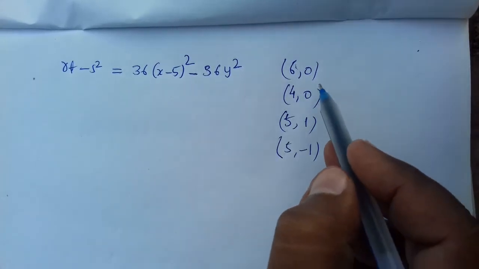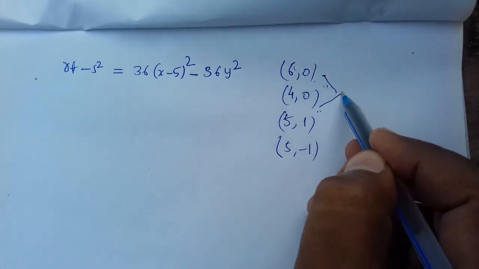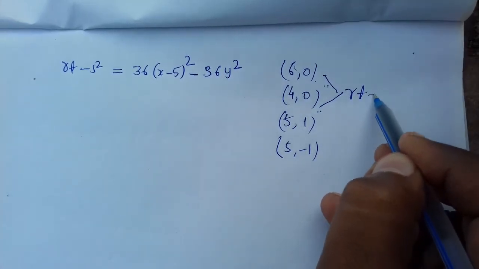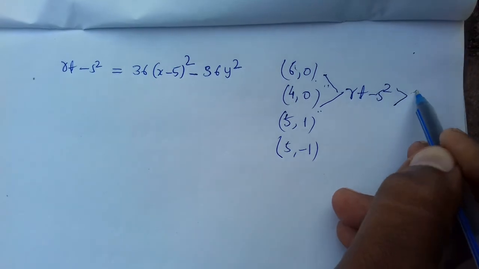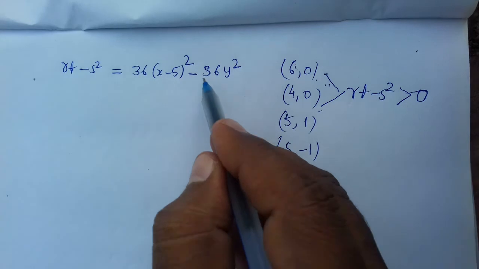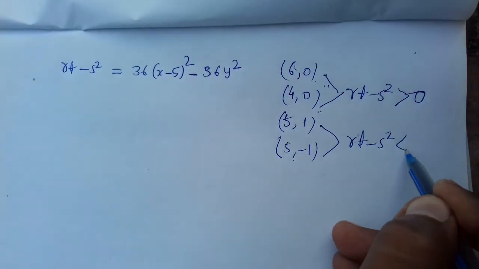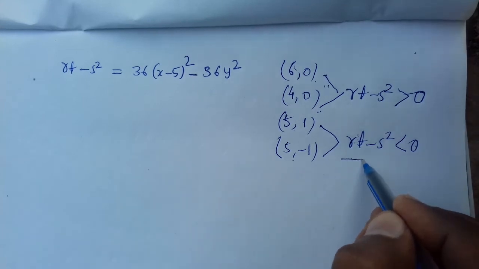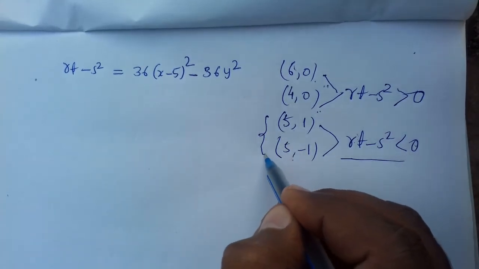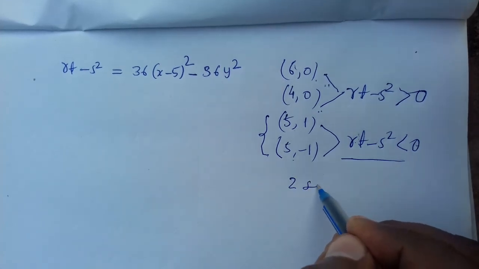If you put the first 2 points, then rt minus s square is greater than 0. If you put the other 2 points, then rt minus s square is less than 0. So corresponding to these 2 points we have saddle points. So the number of saddle points is 2.